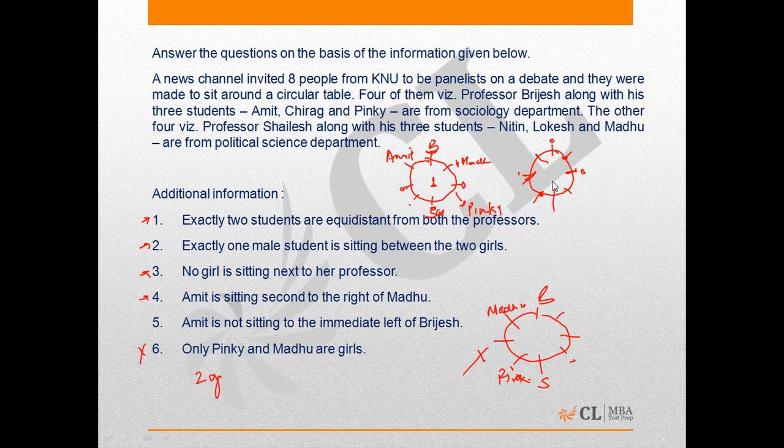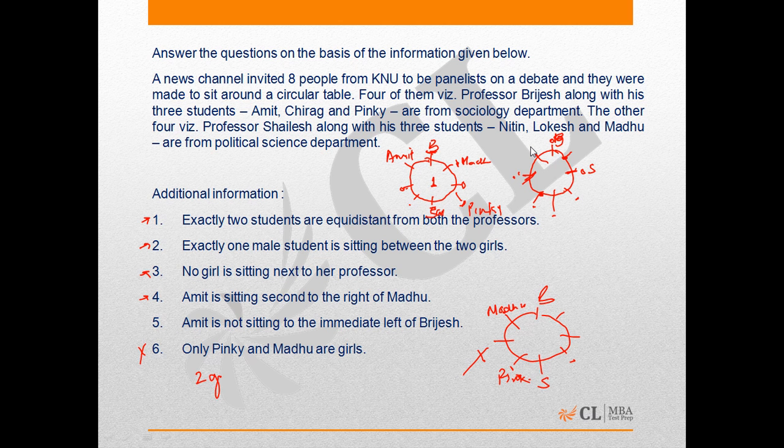Now let's move to the second case, when two professors are sitting adjacent to each other. Suppose Brijesh is sitting there and Shailesh is sitting there. Then the possible positions for the two girls could be either these two or this one or this one.